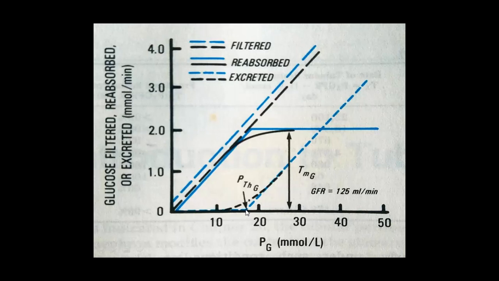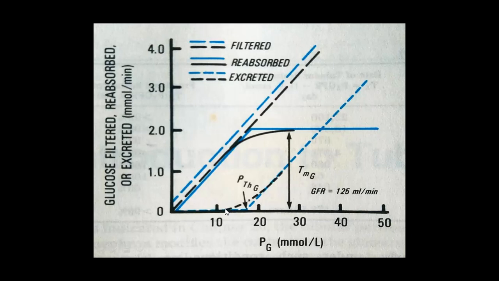Similarly, if this is the plasma glucose level where glucose appears in the urine as per theoretical prediction, this is the actual plasma level where in reality glucose appears in the urine.